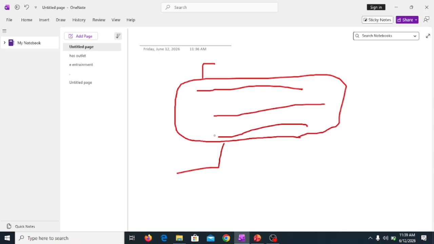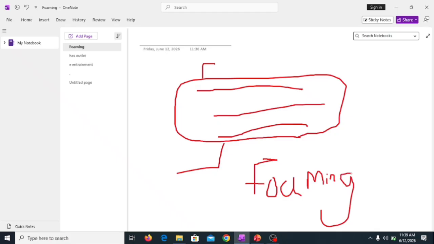Another thing that will come to our mind is that a horizontal separator is good for foamy crude. Foamy crude. Of course, I will write it so that you understand.